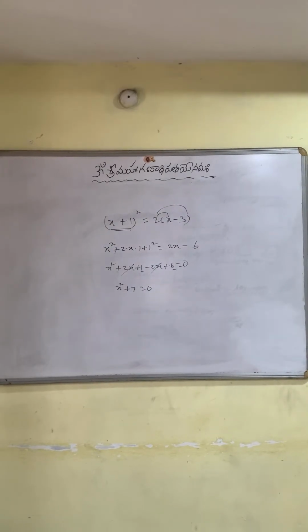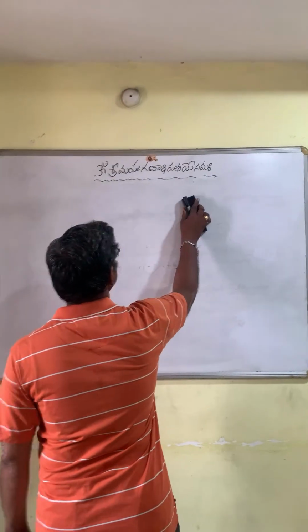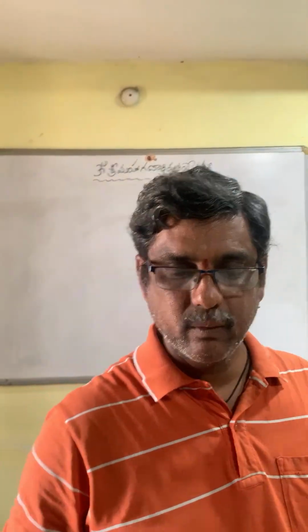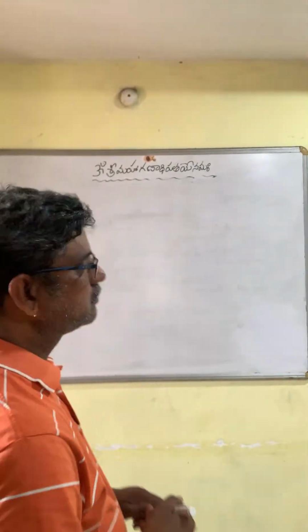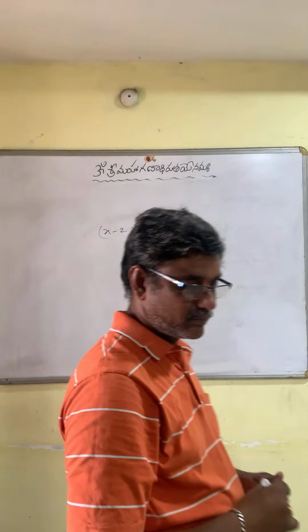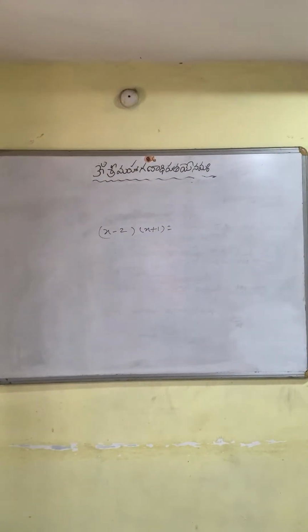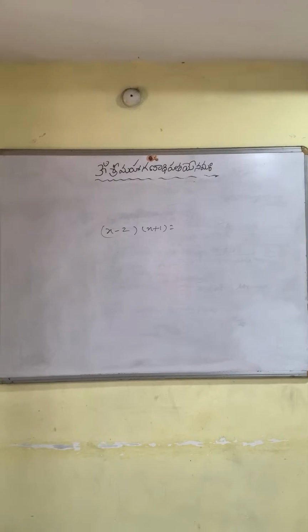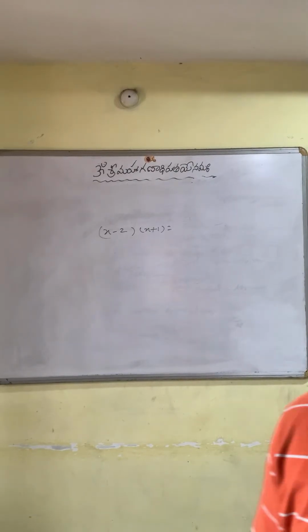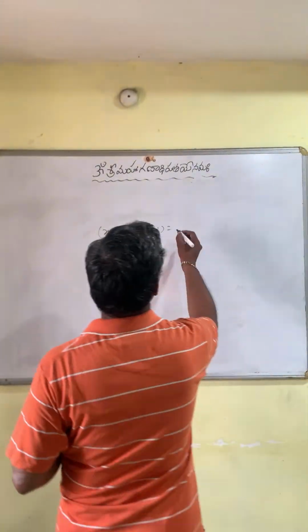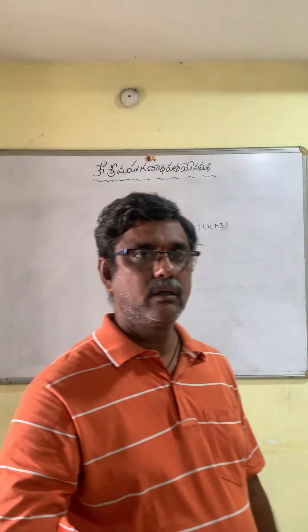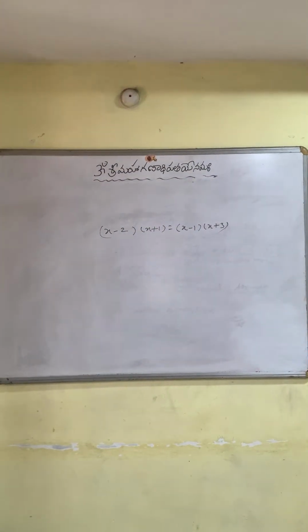Okay. Next one. (x minus 2) into (x plus 1) is equal to (x minus 1) into (x plus 3). See this, children. Is this a quadratic equation?